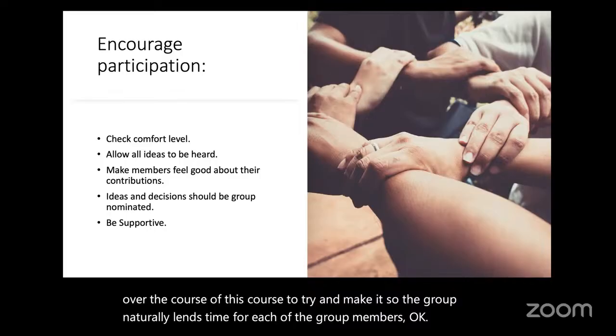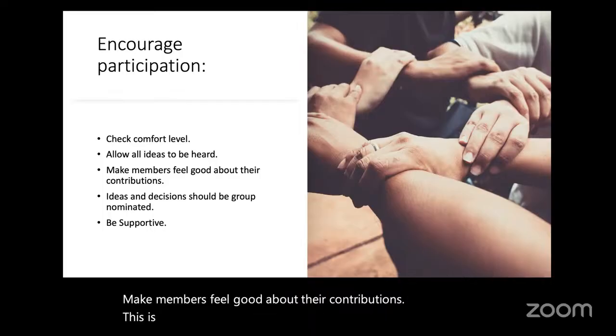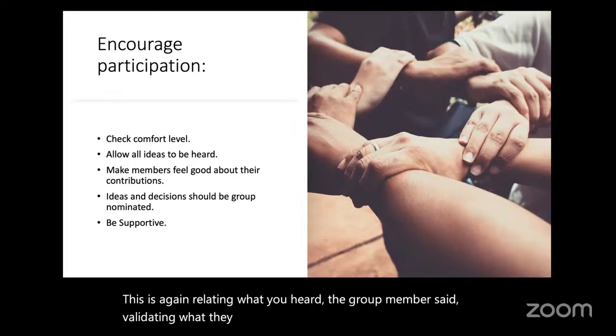Make members feel good about their contributions. Okay. This is again relating what you heard the group member said, validating what they said, and modeling that for your group members.